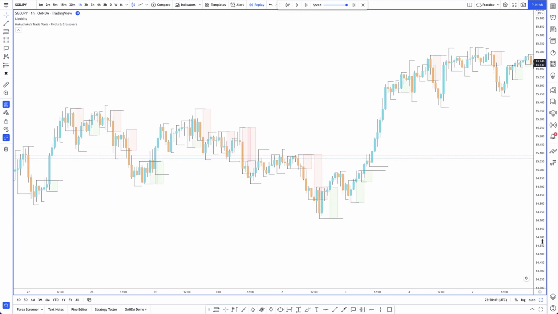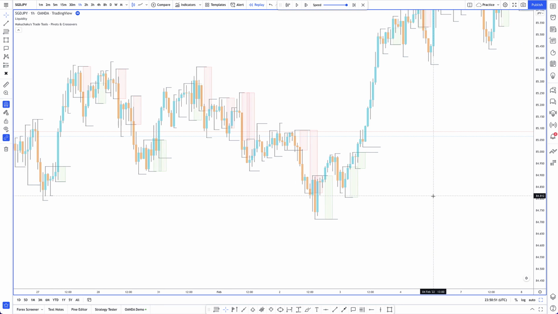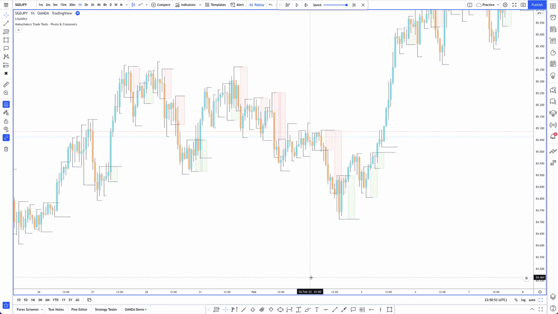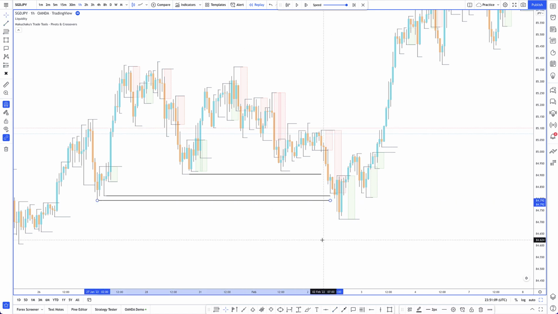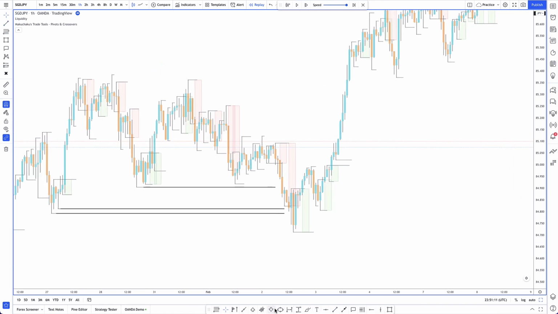Let me show you another example, and you can just pull up any chart, any asset, it'll just keep repeating over and over again. Liquidity, liquidity, liquidity. It was swept.